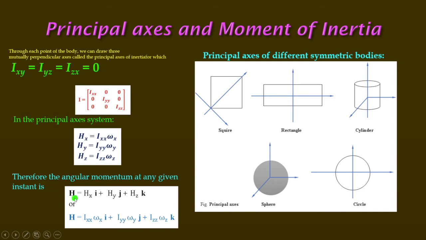In that case we can write h equals hx i plus hy j plus hz k, or substitute these values, so we get this equation. This equation of angular momentum holds good only if the rigid body rotates about a principal axis. In that case the rigid body is not rotating about an arbitrary axis, rather it is rotating about the principal axis.